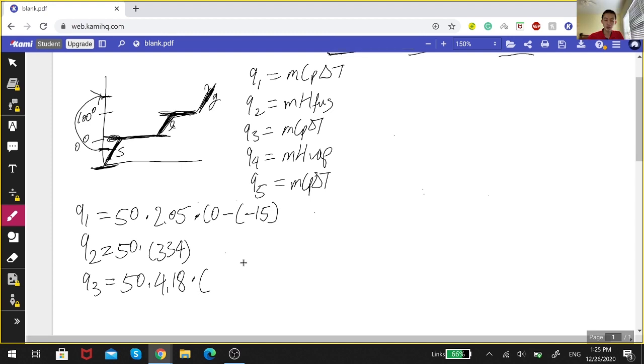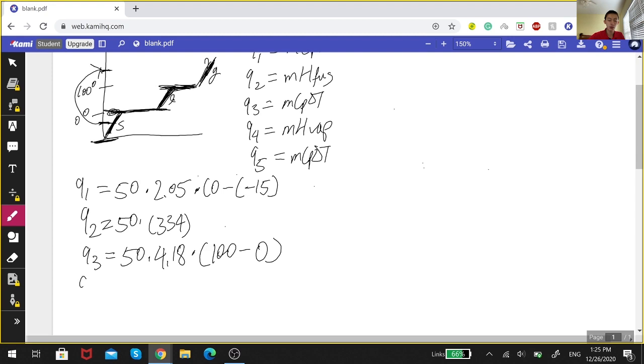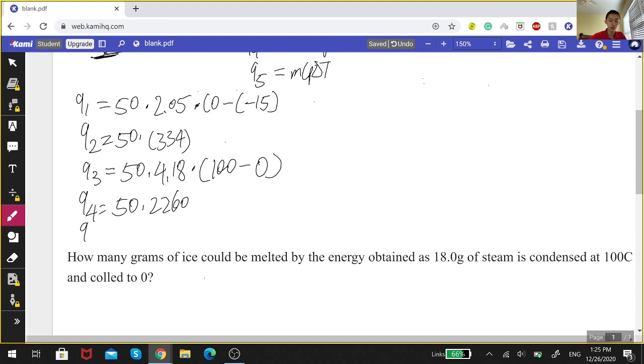So we're going to use T final, which is 100 degrees, minus T beginning of liquid, which is 0 degrees. Now Q4 will be 50 times H vaporization, which is 2,260.